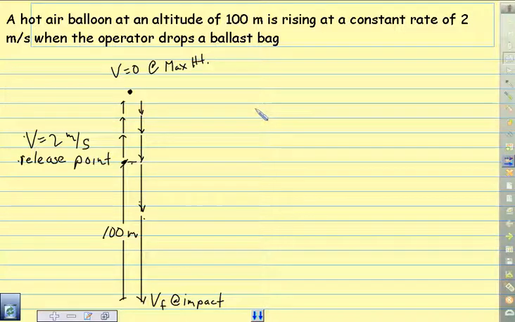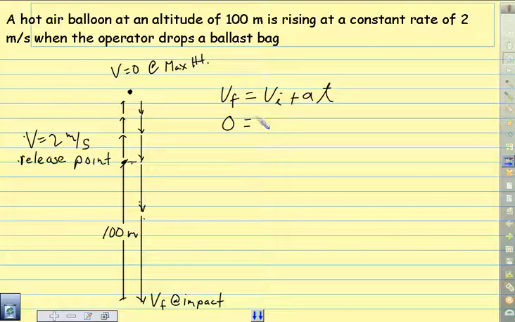Usually when we're solving kinematics problems, one of the most valuable things that we can solve for is time. And we can do that here. It's still a good strategy. And we can use this equation. Here, I'm going to call my final velocity this 0 right up here at the apex.